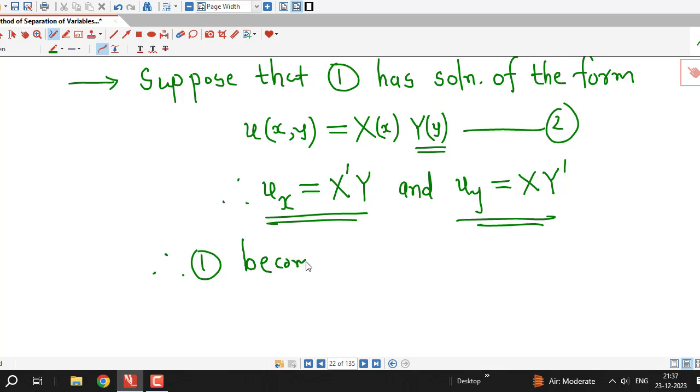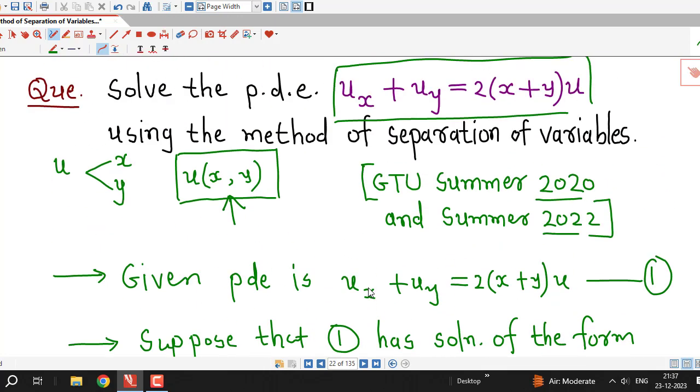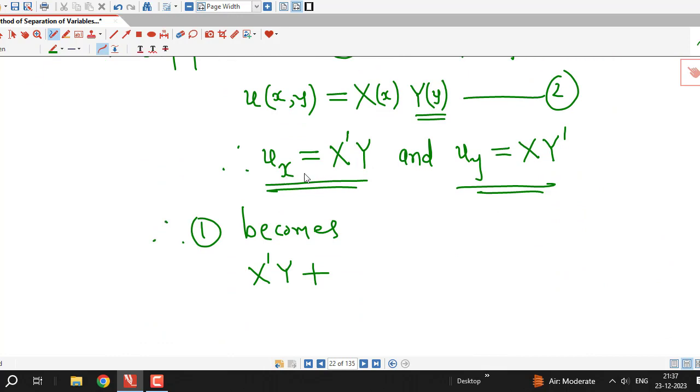Therefore 1 becomes, in 1 the left hand side is ux plus uy. So we take ux equal to X dash Y plus uy is X into Y dash.